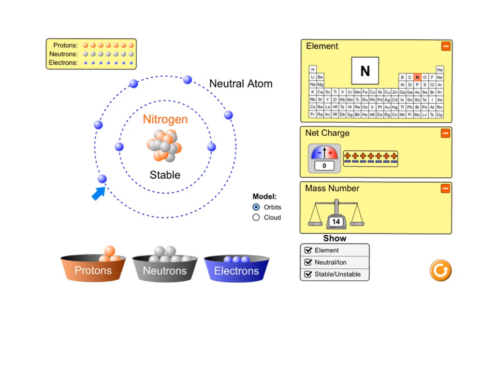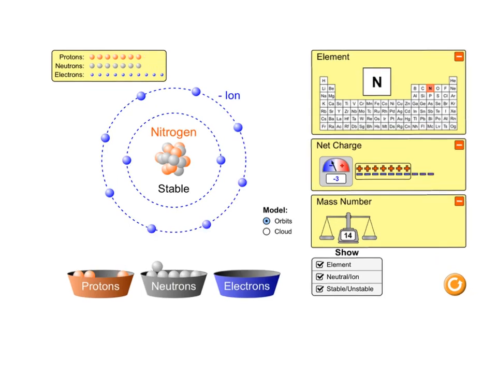Compared to the removal of electrons, it's easier to add 3 electrons than to remove the 5, and so that is what happens. So when we switch over now to group 5, we find that instead of forming positive ions through the loss of electrons, we now form negative ions through the gain of electrons.